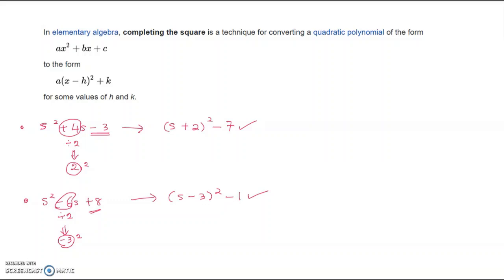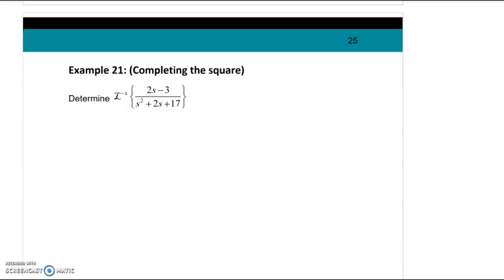Next we are going to see how we use this in finding the inverse Laplace transform. Look at example 21. We have the fraction with the denominator that involves a quadratic expression. s squared plus 2s plus 17 cannot be written in the form of bracket times bracket, so we do completing the square.